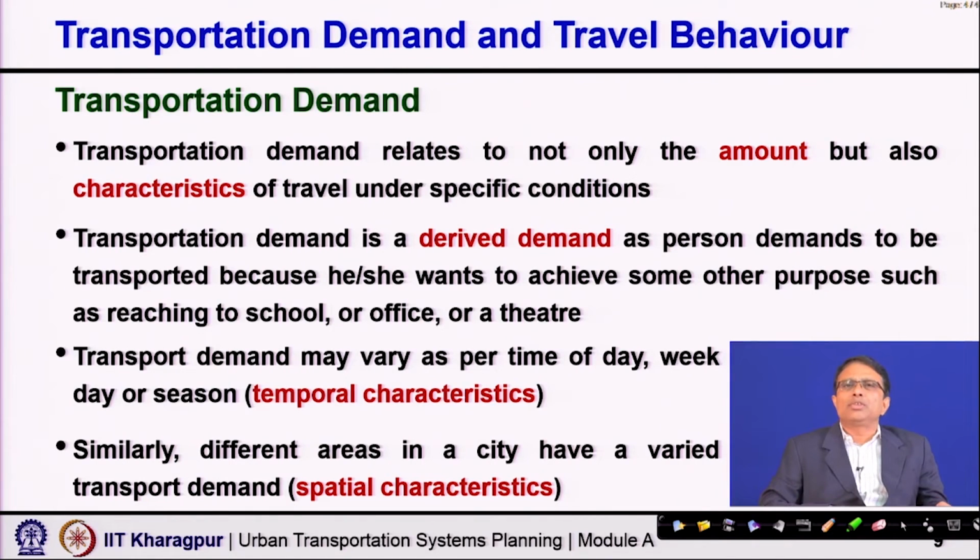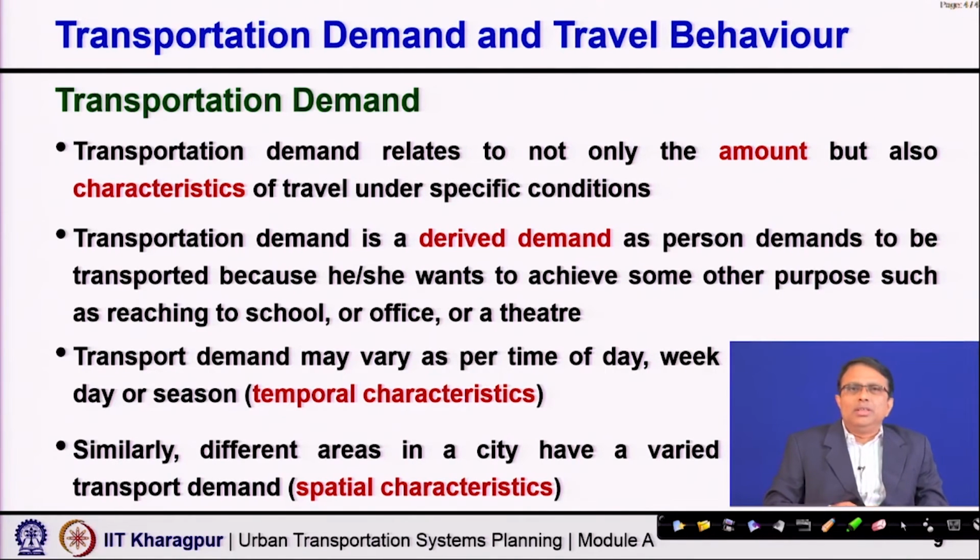Your market is in a different place. Medicines or health facilities, hospitals, are in different locations. So, there are spatially distributed activities, and you want to get access to those activities, so you need to travel, right. That is what I said: transport is a derived demand, as a person demands to be transported because he or she wants to achieve some other purpose, such as reaching school or office or theatre.